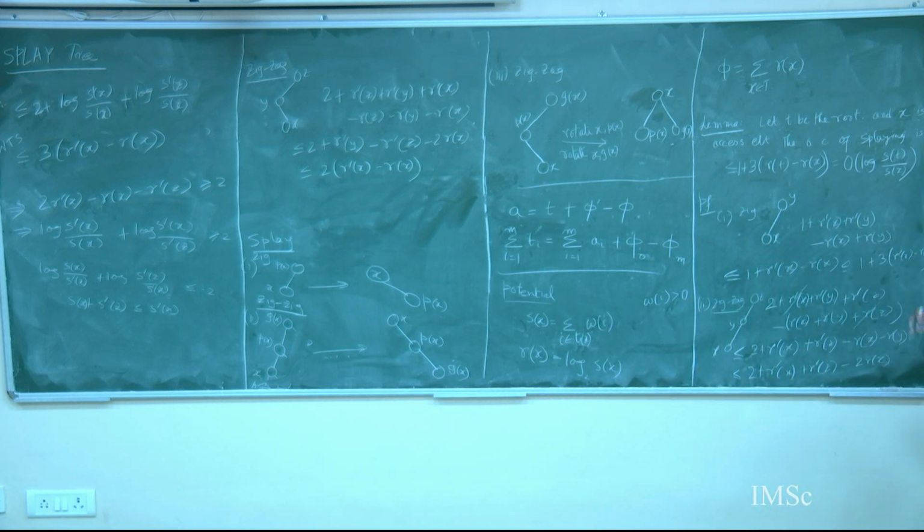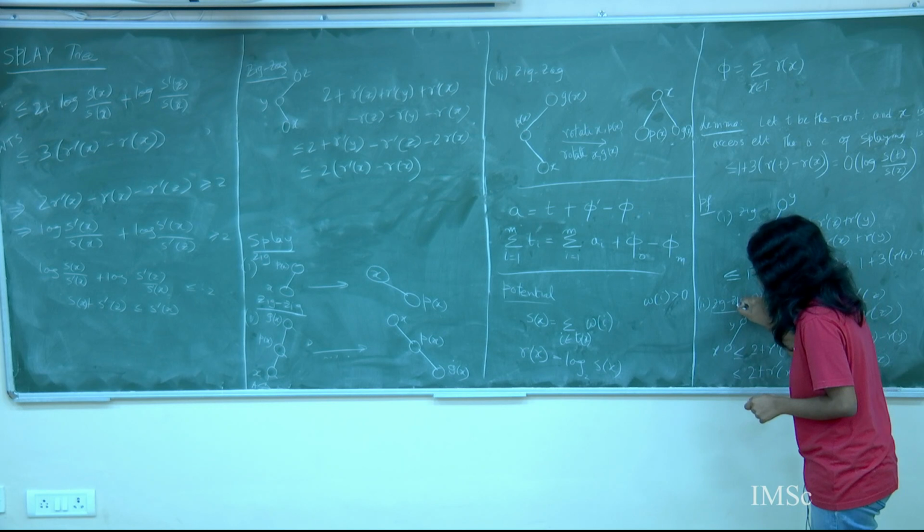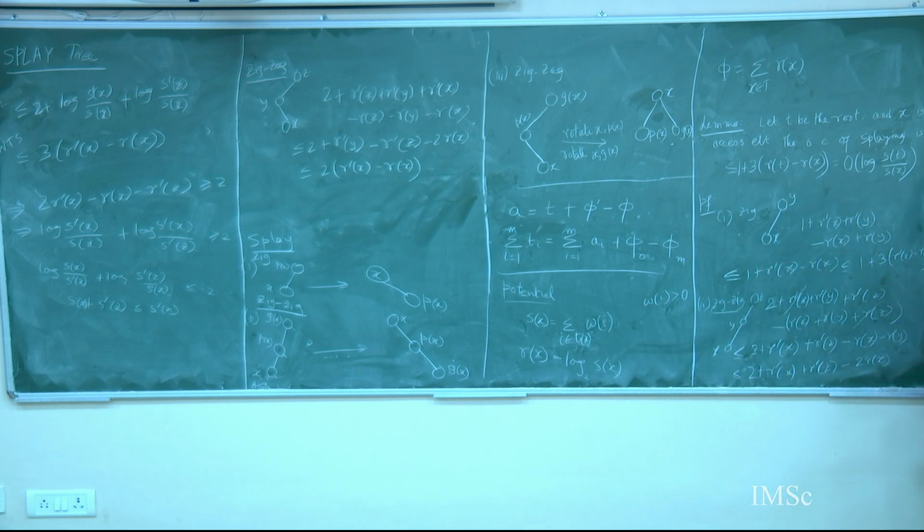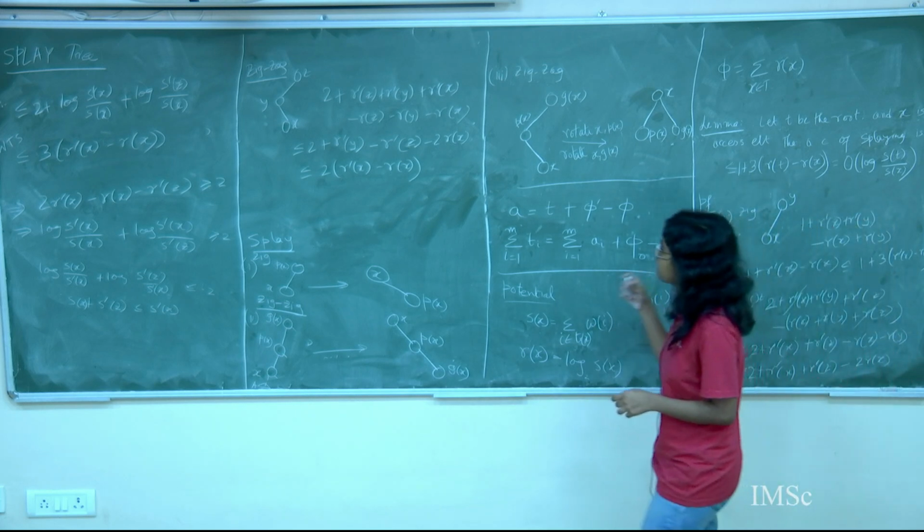All these calculations are there in the paper, so you don't need to copy them. Zig-zag, yeah, sorry. Zig-zag is the costliest one. Okay, so that proves this lemma.